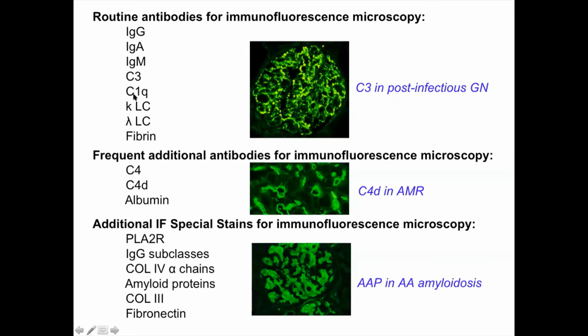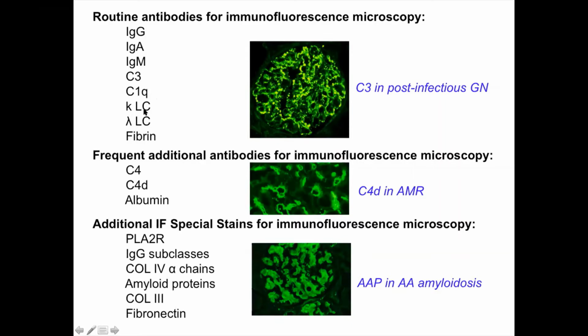The complements are C3 and C1q. اللايت chains are kappa lambda، والفايبرين نستخدمها على أساس إن إحنا نشوف if there is a vasculopathy أو vasculitis أو crescent formation. الكابا لامدا طبعا بيساعدونا in cases where there is monoclonality, and we talked about monoclonal diseases.